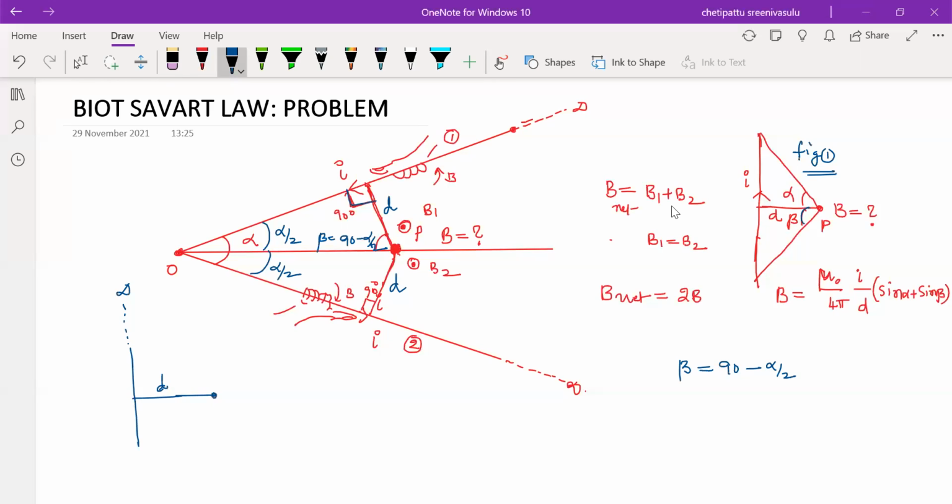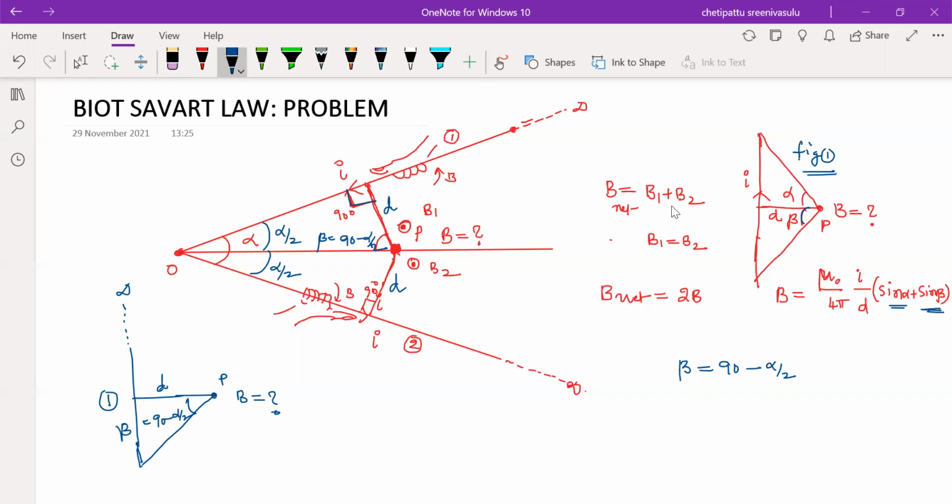Now at this point P, we need to find the magnetic field. So first conductor I am drawing. What about this angle? This is 90 minus alpha by 2, which is beta. Now how to take the alpha value for this formula?